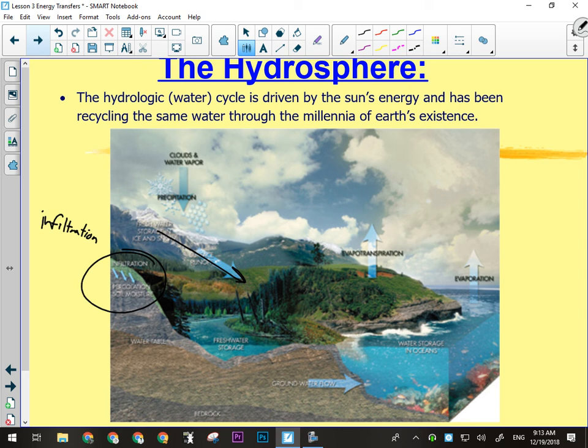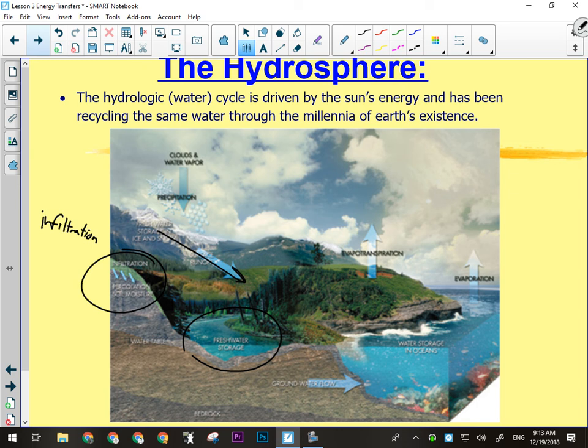So runoff is another energy output. We're seeing the effect of the solar energy melting the ice, in the form of kinetic energy moving off the mountains. So that stuff will either end up in lakes and rivers, or it'll end up back in the ocean eventually, where the cycle can start again.